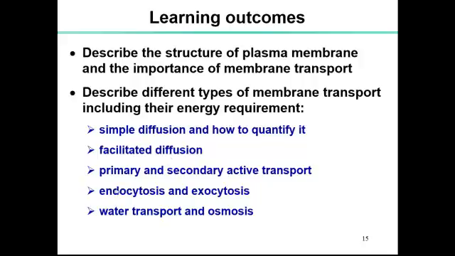Also important is the area of the membrane and how it contributes to membrane transport. We also talked about facilitated diffusion and primary and secondary active transport. We talked about endocytosis, exocytosis, and water transport and osmosis. So that's everything. Thank you for listening.